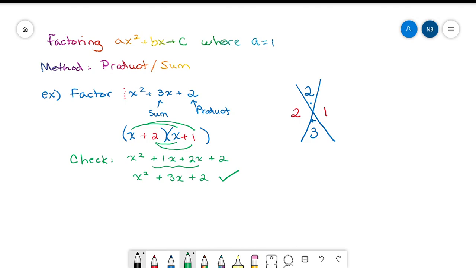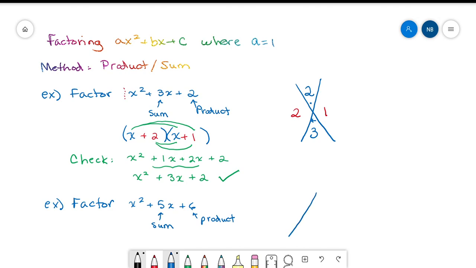All right, our next example will be factor x squared plus 5x plus 6. Remember, the number on the end is the product, and the number in the middle is the sum.